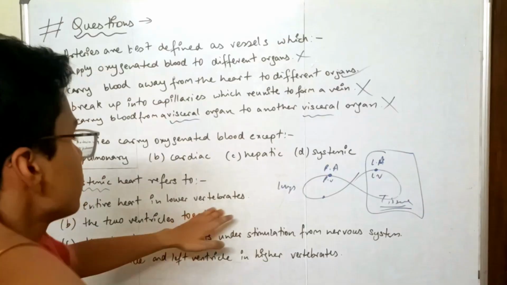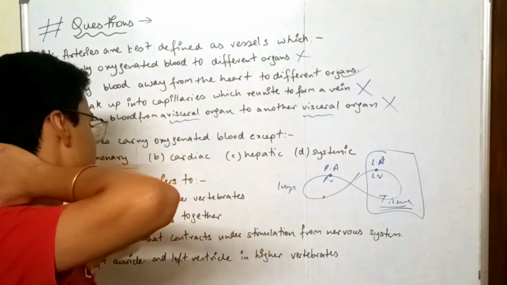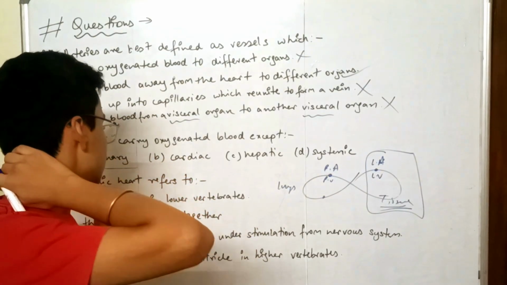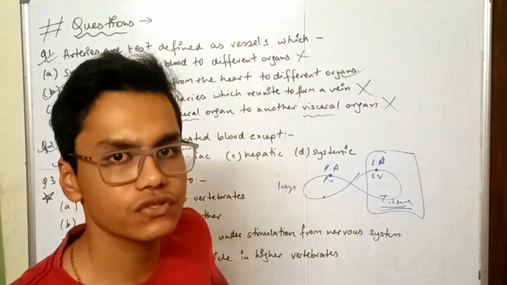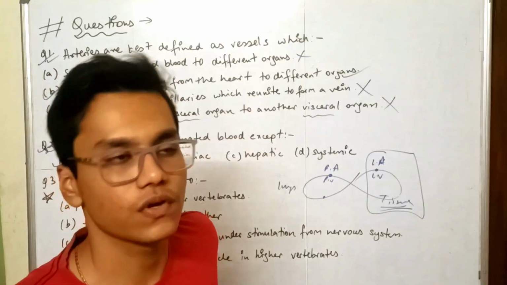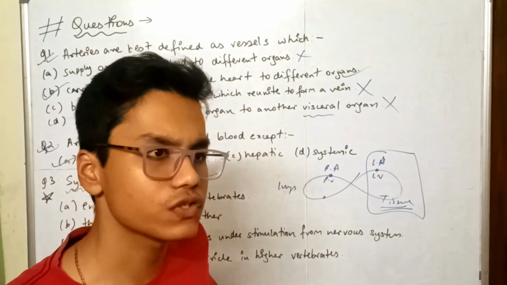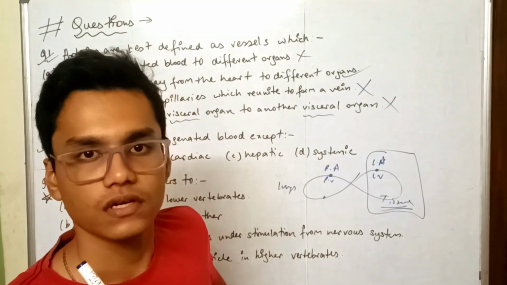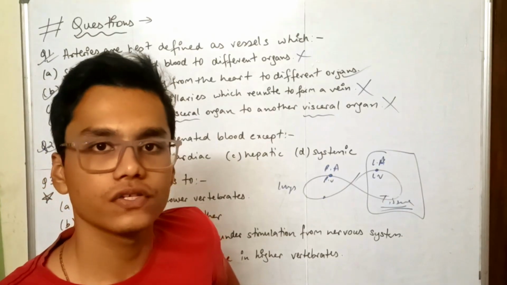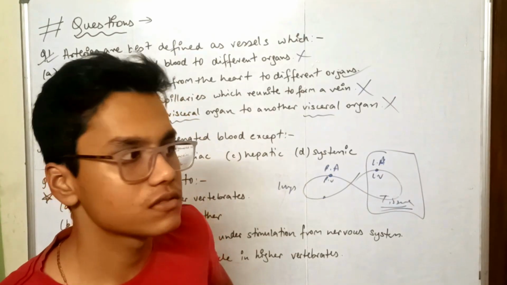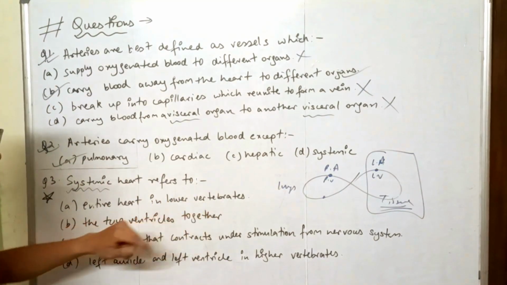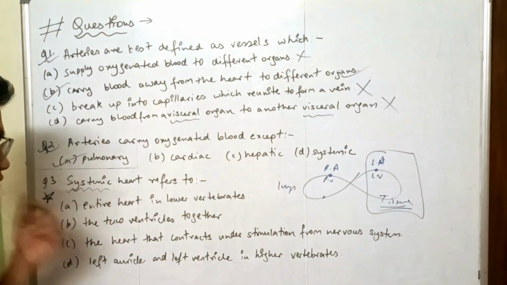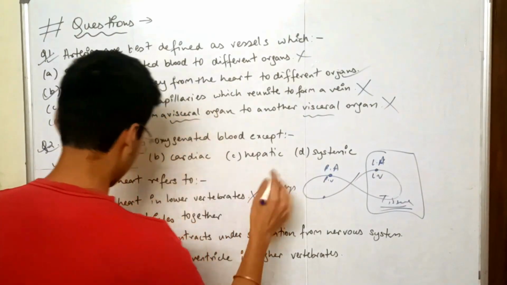So lower vertebrates means they will have an entire heart with systemic? No. The exception is the topic of the heart, where it is a combination of open and closed circulation. I will tell you about this topic, and it is actually present in the structural organization chapter in class 11 biology under the Indian education system. So that is the actual location of the topic. So this won't be the actual answer. We can eliminate it right away.